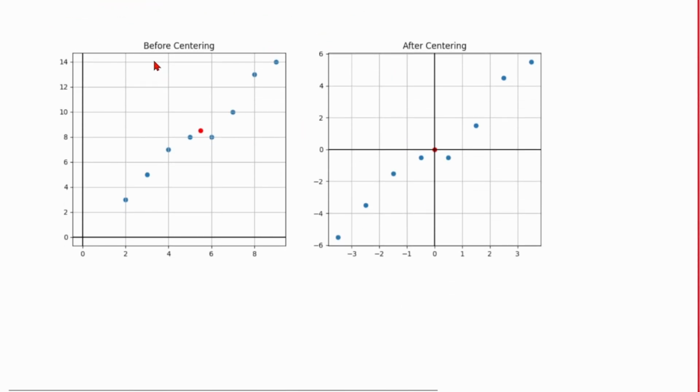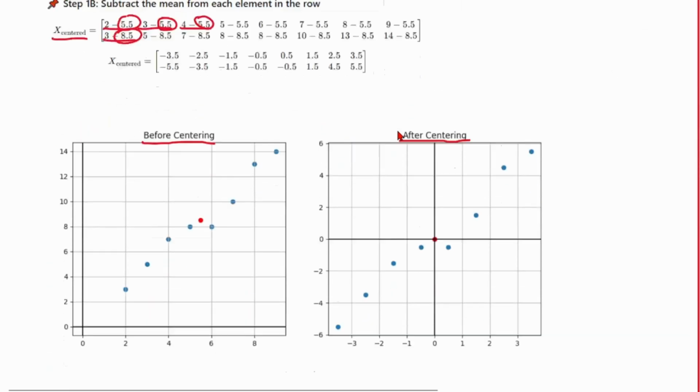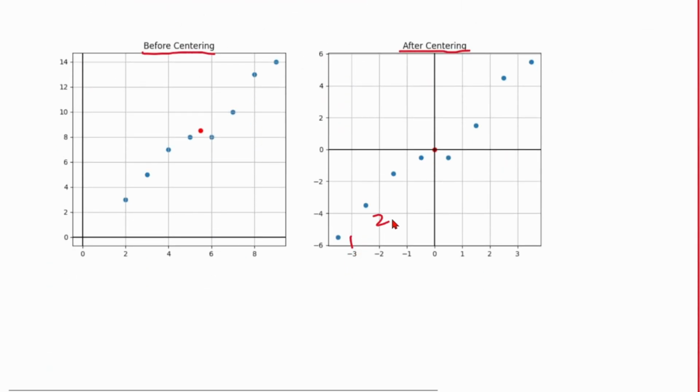And you can see this graph is before centering the data and this graph is after centering the data. You can see all the 8 data points we had, 1, 2, 3, 4, 5, 6, 7, 8. All the data points have been centered.